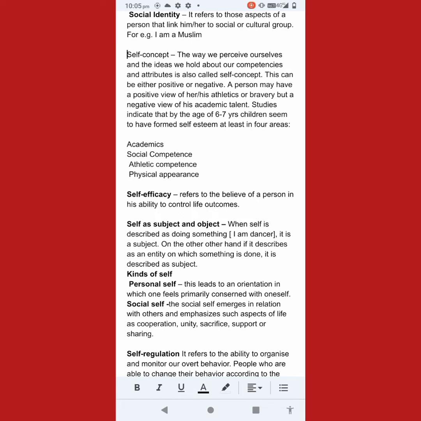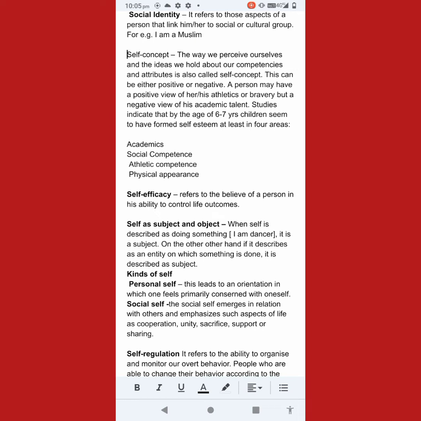In chapter 2, you will be studying in detail, and in this you can write this much as I have put up in this PDF. A child, when he is 6 or 7 years of age, has formed his self-esteem in at least 4 areas.